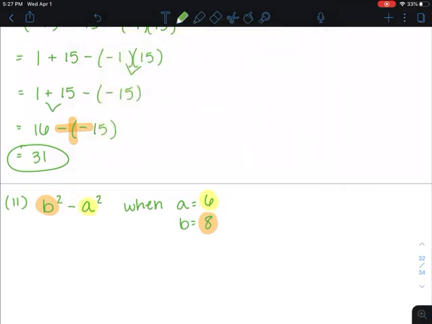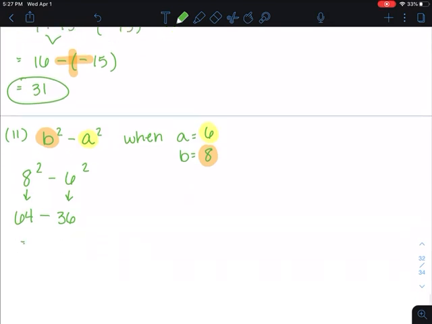So when I see b, I'm going to plug in 8. When I see a, I'm going to plug in 6. Alright, so I have 8 squared minus 6 squared. 8 squared is the same thing as 8 times 8, which is 64. And 6 squared is 6 times 6, which is 36. And 64 minus 36 is 28.